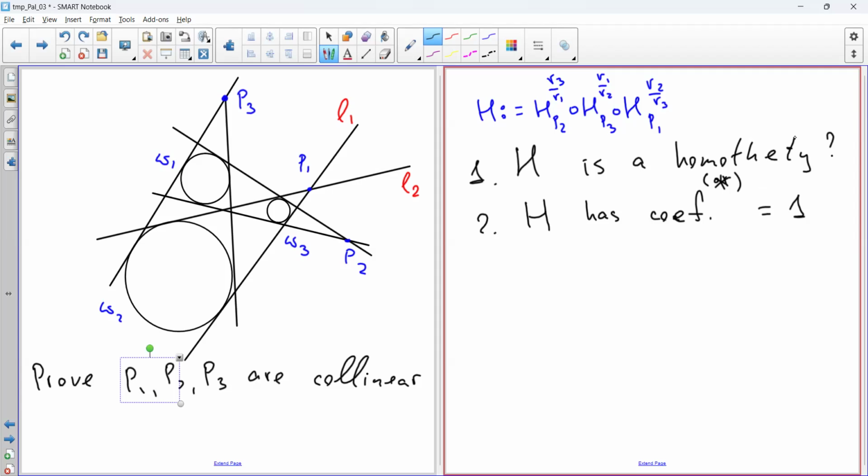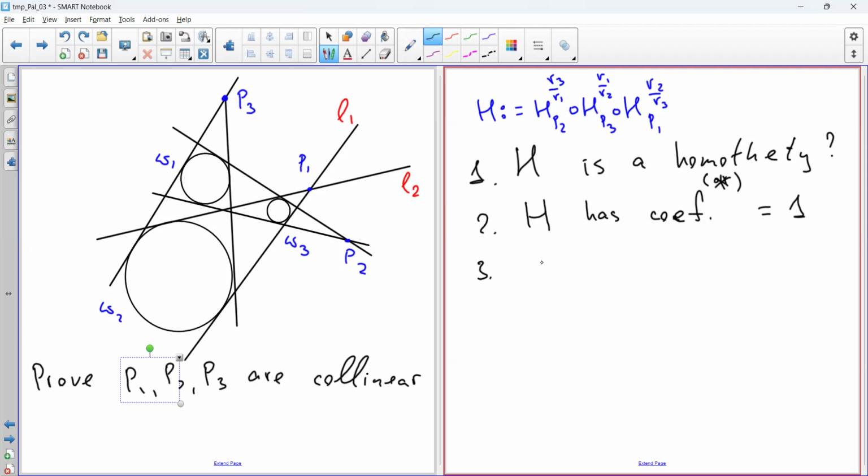There is a possibility that H would be a translation, a parallel translation, just in the case where the coefficient of homothety becomes 1. It would be clear that this question arises just on the last step, when we consider the entire composition H itself, but not on the intermediate steps. Of course, we need all three radii to be different.